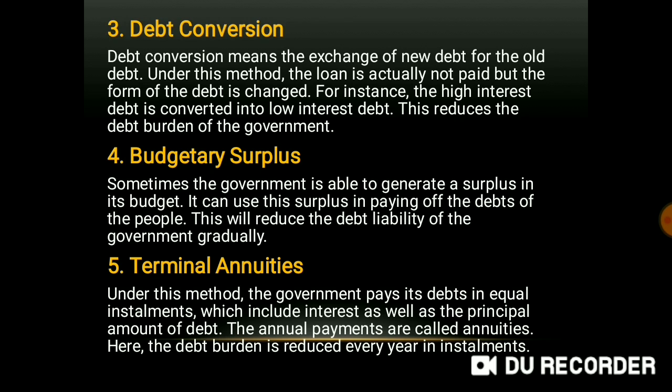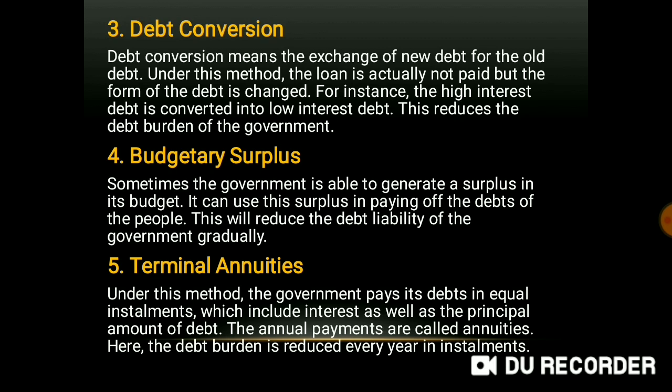It may so happen that the government has taken the loan at a time when the market interest rates are high, and gradually if the interest in the market falls down, then the government might also reduce the interest on the old loan that it has taken. So this normally reduces the debt burden of the government.